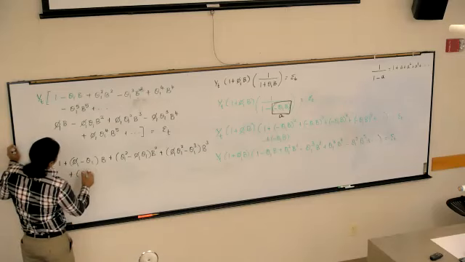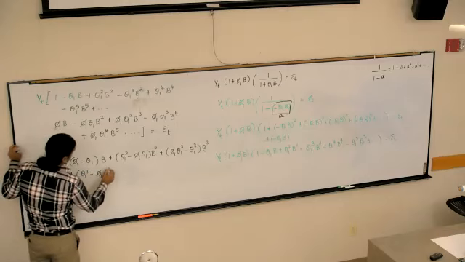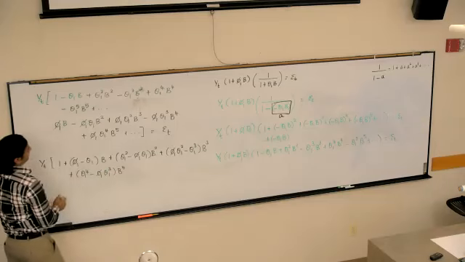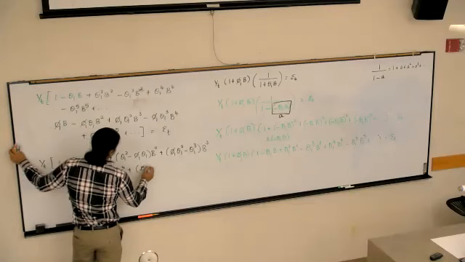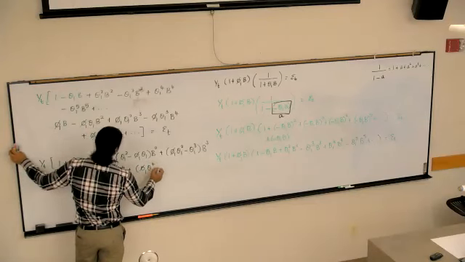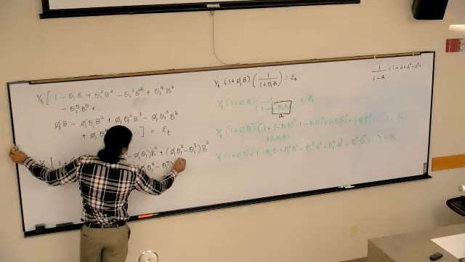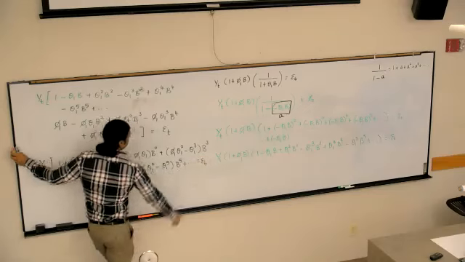Theta 1 raised 4 minus phi1 theta 1 cubed B raised 4. Lastly, phi1 theta 1 raised 4 minus theta 1 raised 5 B raised 5 dot dot dot equals epsilon t.